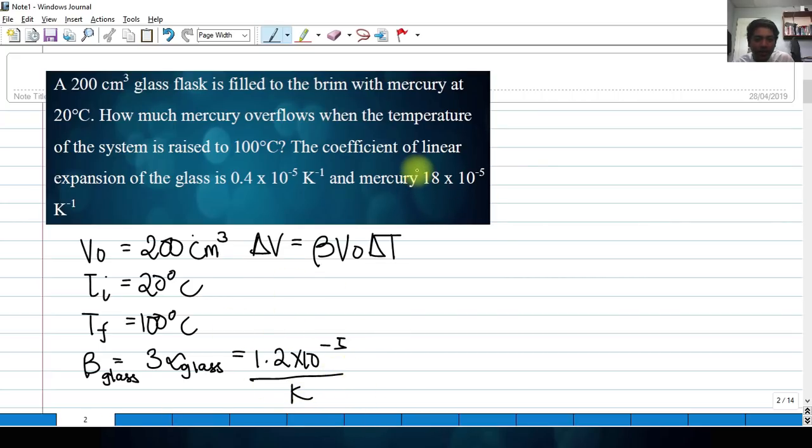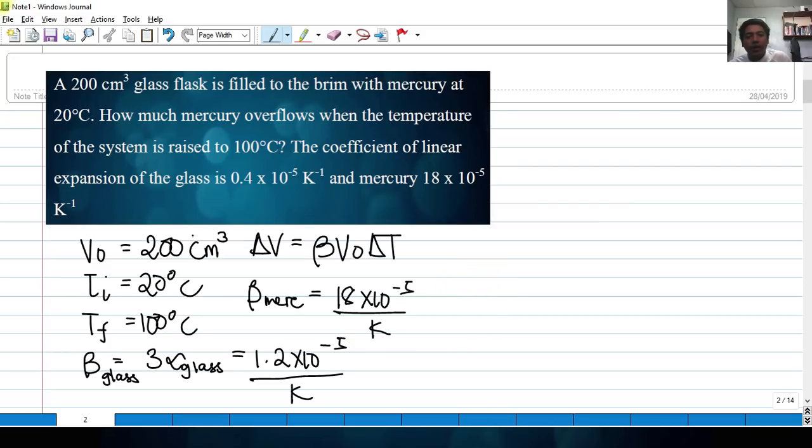And the given here, my mistake, is not the coefficient of linear expansion of mercury, but rather this is already the coefficient of volume expansion of mercury. So the beta of mercury, again, I have a correction in that question, is 18 times 10 raised to negative 5 per Kelvin. And what are we going to do to measure the mercury that overflows?